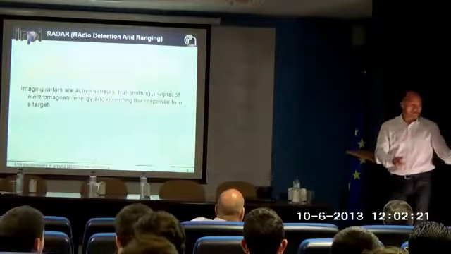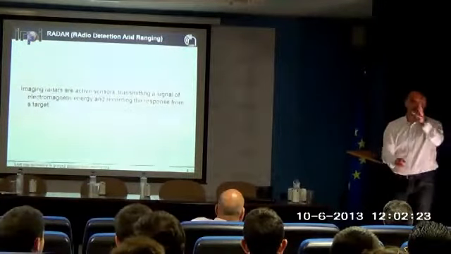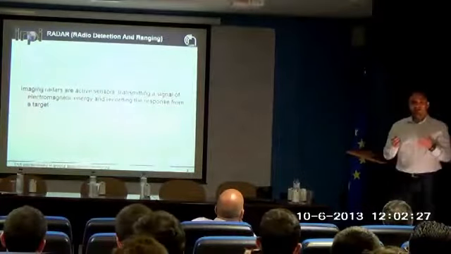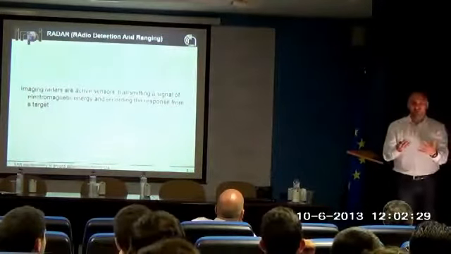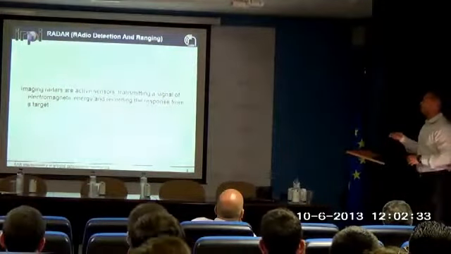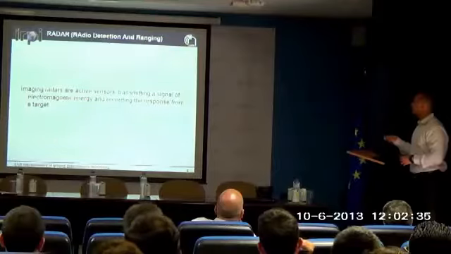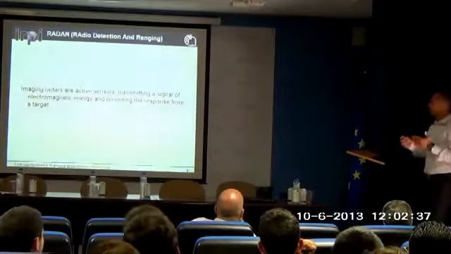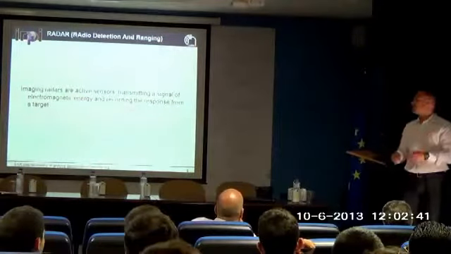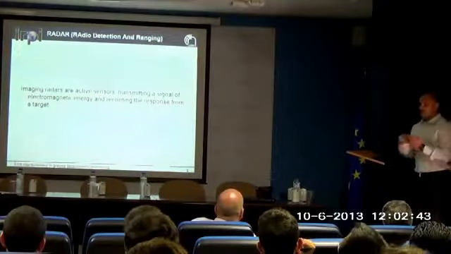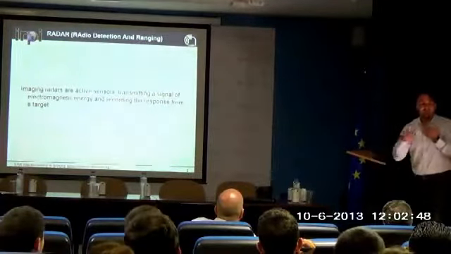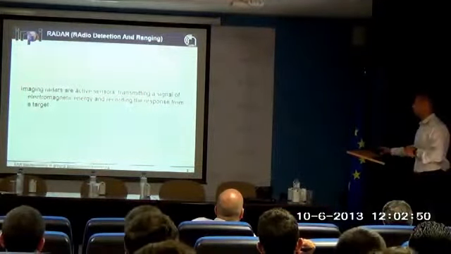The camera exploits the light that you can see from the flash or the light coming from other sources, while radar uses its own energy to illuminate the scenario. So in this sense, they are active sensors. What they do is transmit a signal of electromagnetic energy, and then they record the backscattered radiation that comes from the target.